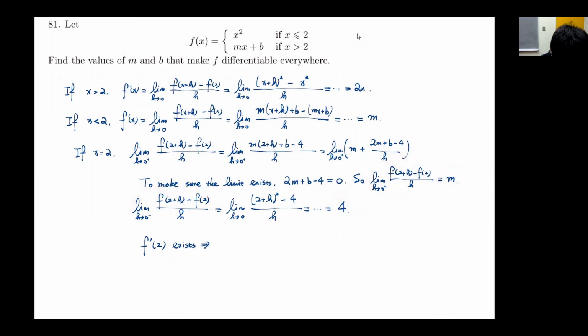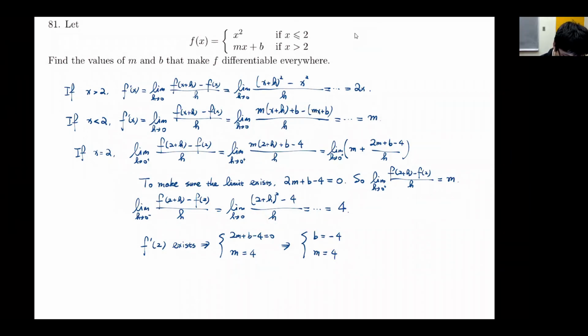So that way we get the equations 2m plus b minus 4 equals 0, and meanwhile m equals 4. So that way we will be able to solve for b. So b is going to be equal to minus 4, and m is going to be 4. So how do we see b equals minus 4? Because 2m becomes 8, and 8 minus 4 becomes 4. So b plus 4 equals 0. So that way you will get b equals minus 4.